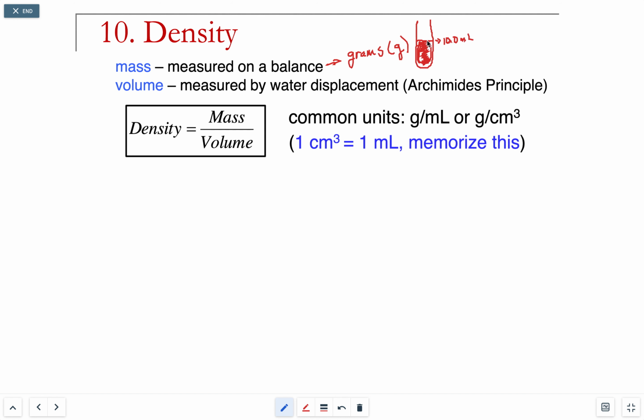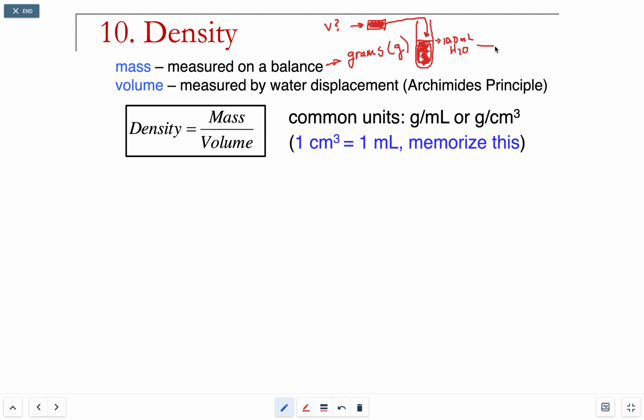So what I've done here, I've got a container and it has 10.0 milliliters of water in it. And now I'm going to take an object and I want to measure the volume. Well, what I do, using Archimedes' principle, is put this object in here.